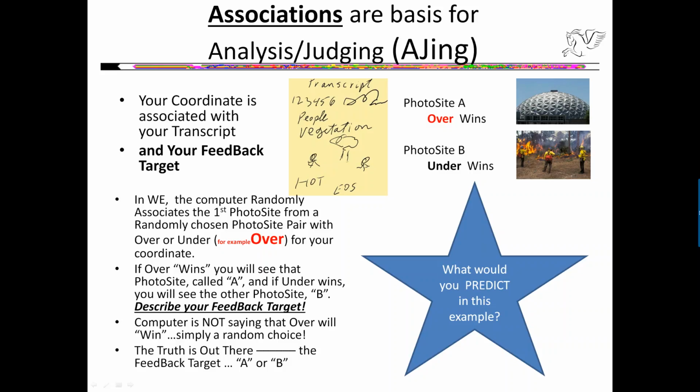And that's because the subconscious is curious. This way they don't have to be curious, because they're going to see both of them, because one of these potential targets will be associated with over, the other will be associated with under, and it's only after the game is over that you will know which is which. And so you only have two targets.